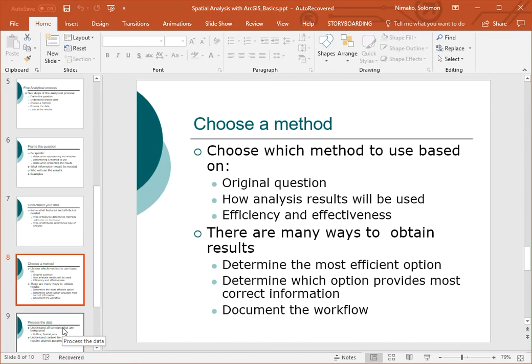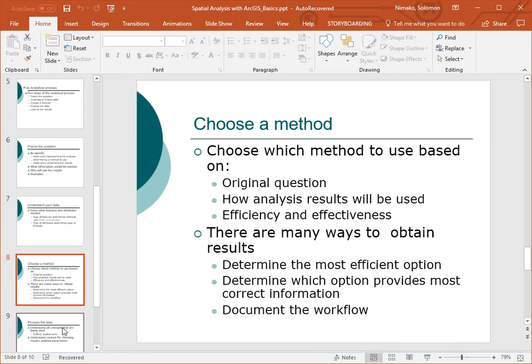All right. Choose a method. So we have to choose a method that will be based on the original question, how analysis results will be used, and efficiency and effectiveness. These will all be some of the key things that you have to consider, and that will help with the method that you're going to use. So as you see down the line, you have one question, then you have multiple methods that you can use to address it.